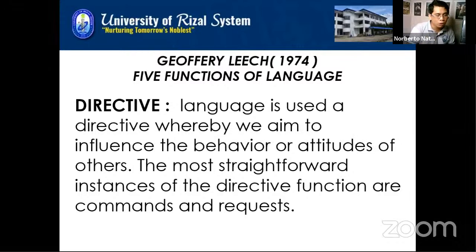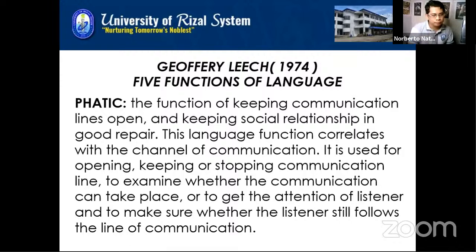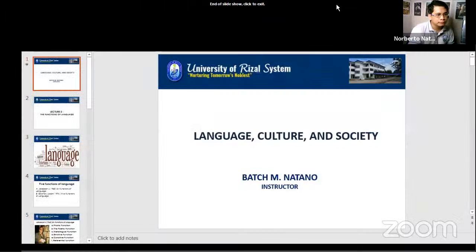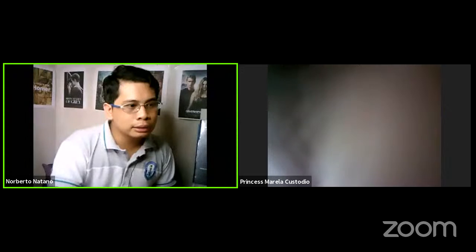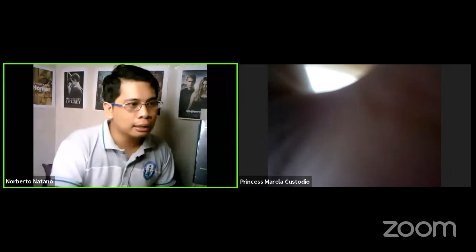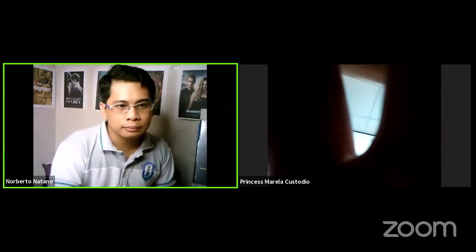And we have Phatic. So if we're going to look at the similarities of these two functions, we can really see how they are similar in many ways. Okay, just like the use of Phatic by Leech and Jakobson, using the same term. It's only a different term that they use.